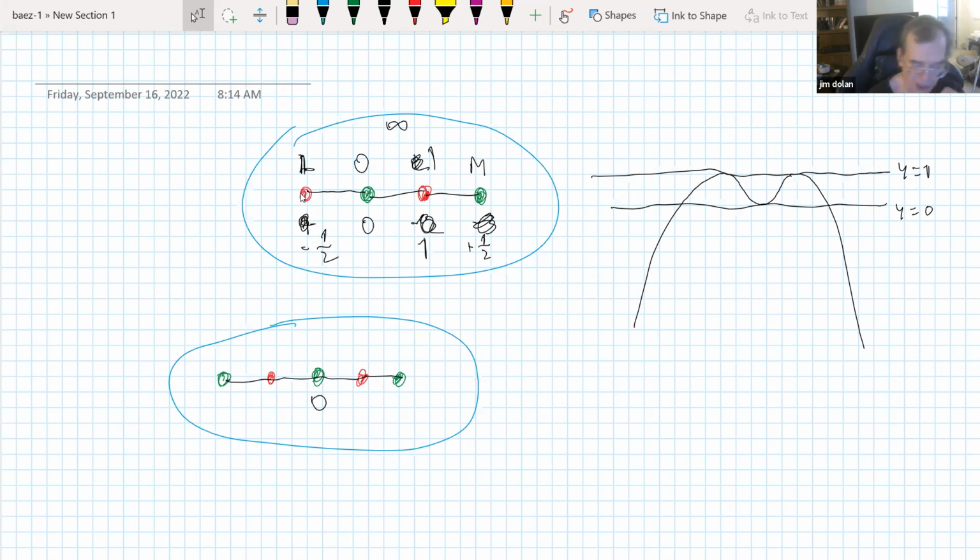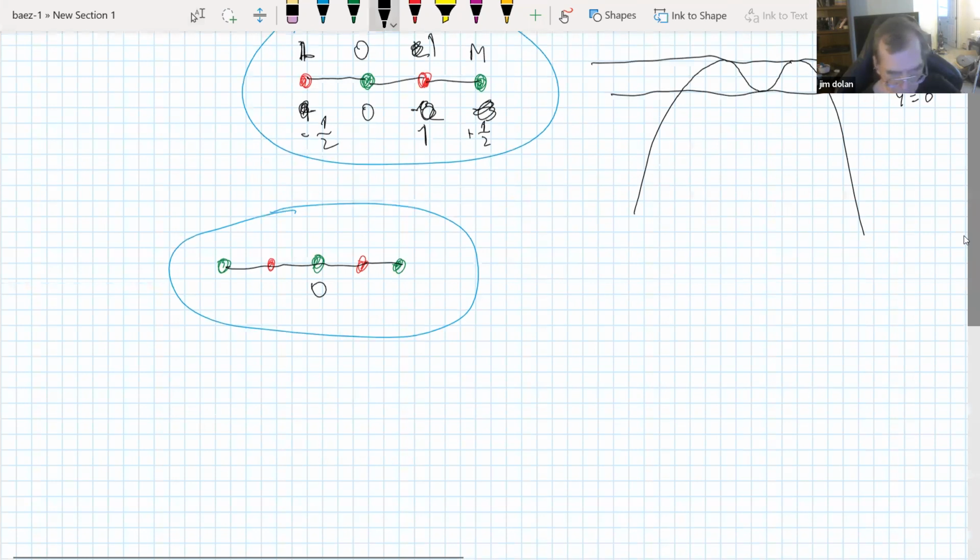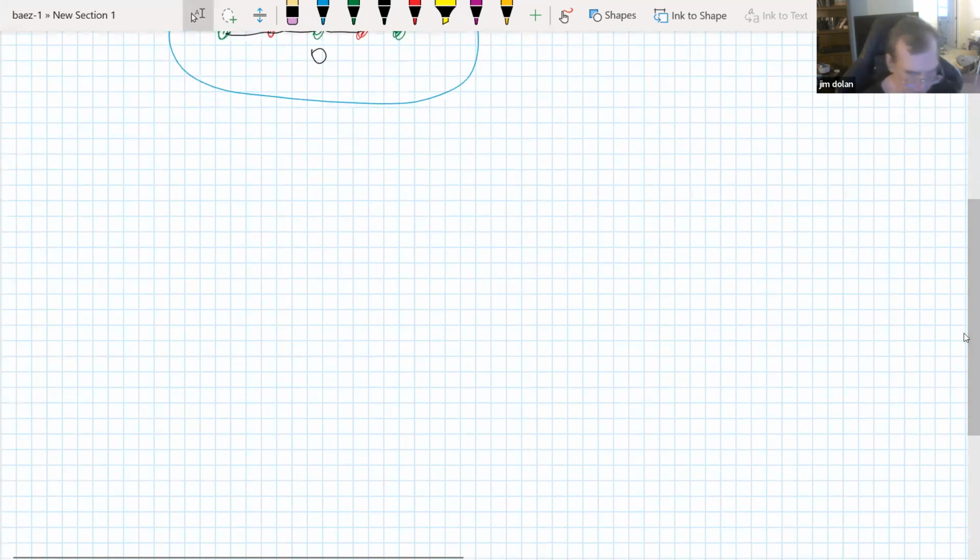Let me try to organize my thinking here a little bit more clearly. But let's repeat what we're doing here. We're aiming to construct this polynomial from the child's drawing, and we're suspecting that this is called the Shabat polynomial.